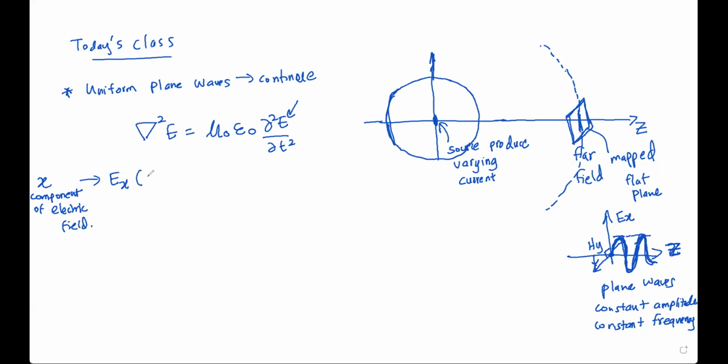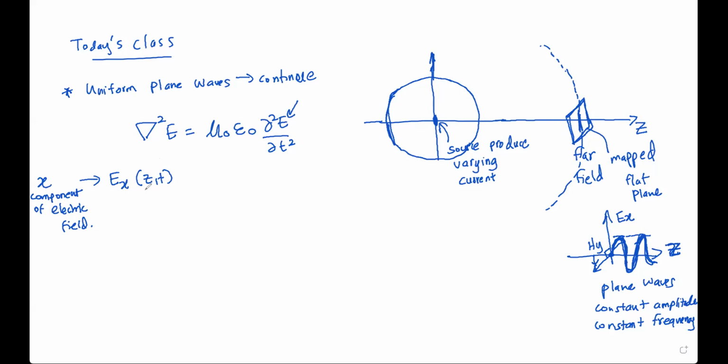We take that component only for the moment. There could be another component along the y-axis. We will take that into consideration later, but for the moment, let's consider the x component of the electric field.